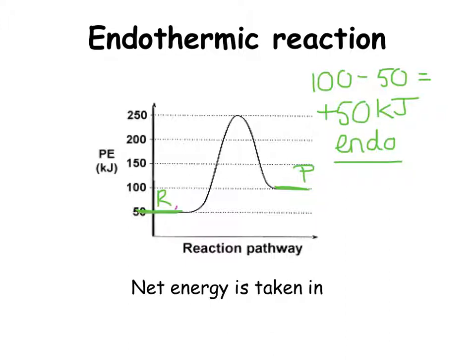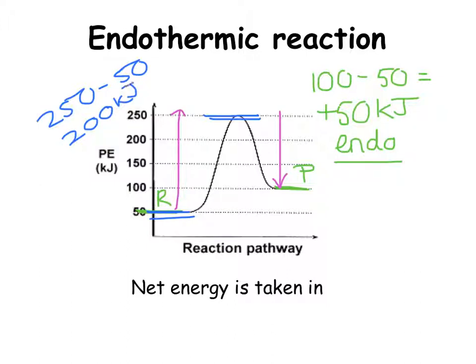Notice I need lots of energy to get started, and I only release a little bit of energy in comparison. What is my activation energy? I take the activated complex and the reactants, and I say 250 minus 50, and my activation energy is 200 kilojoules.